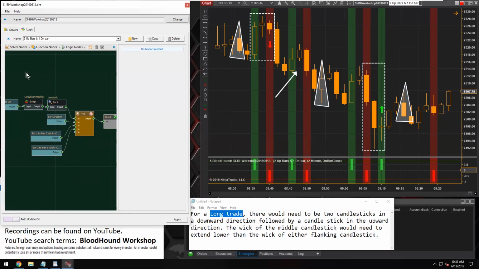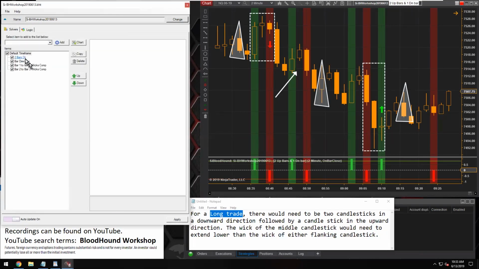If we want to use a 60-minute time frame, then let's go back to our solvers tab and add a 60-minute chart. Here we go. There's a 1 minute, so let's change it to a 60-minute, like so.